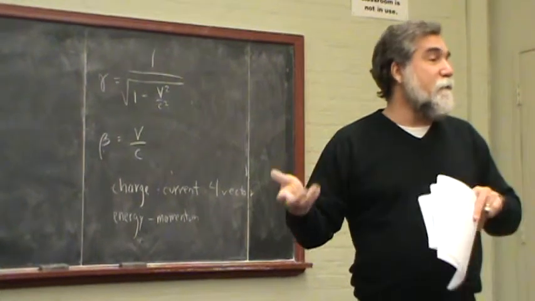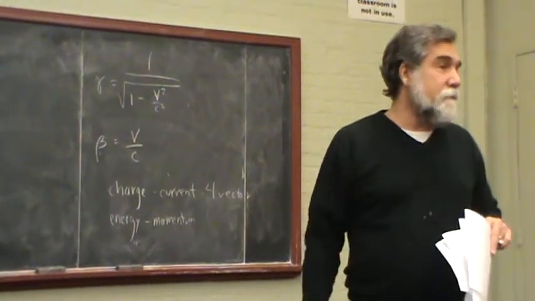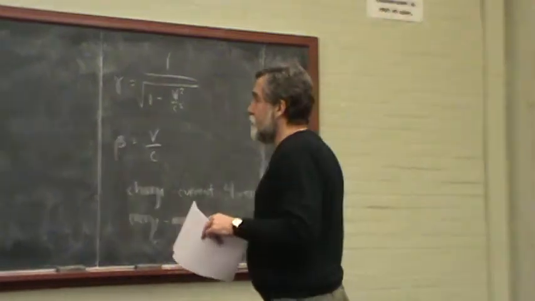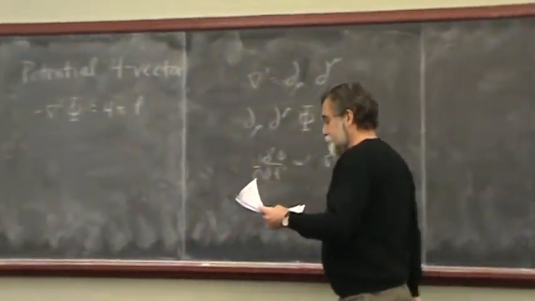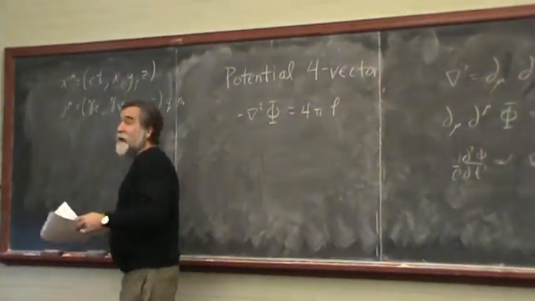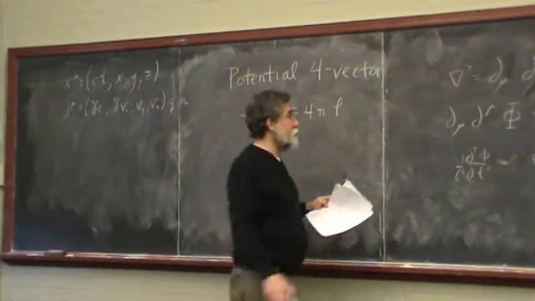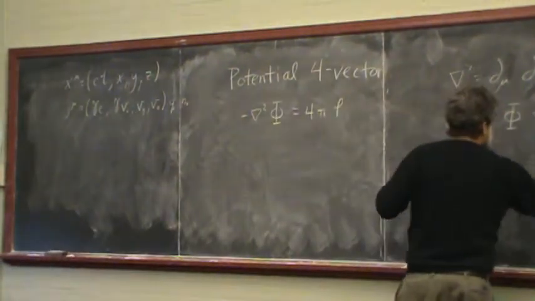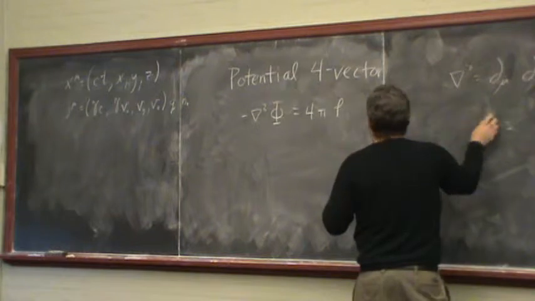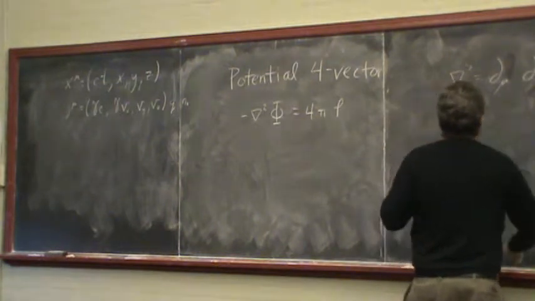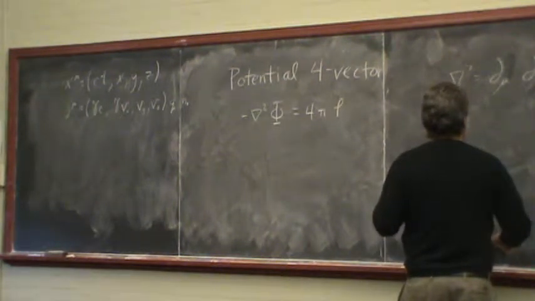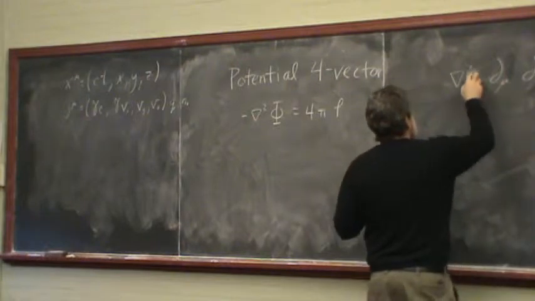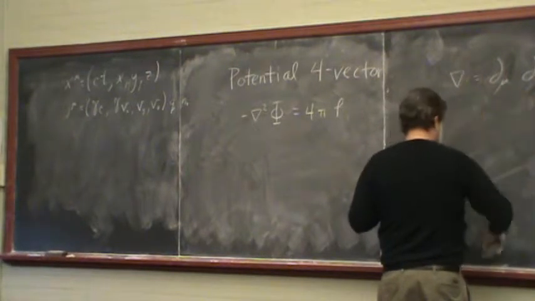When you take a derivative of the potential, you get the electric field. Gradient of the potential. All right, so that's our definition of the 4-vector.